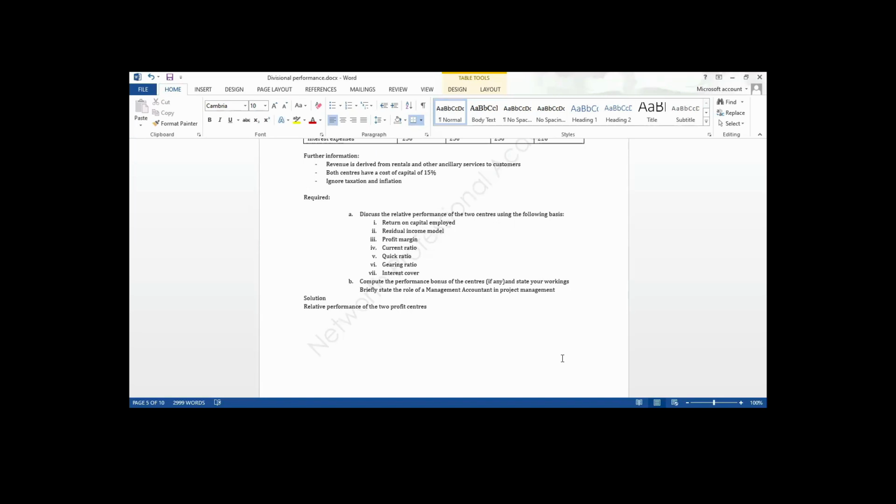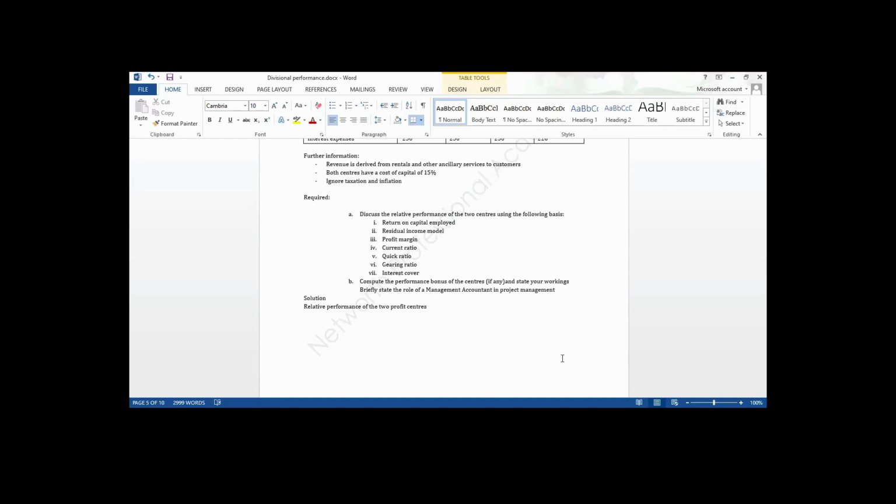Please note, total capital is long-term debt plus equity. I've given 2 ways to calculate your gearing ratio. Gearing is the extent to which a company has borrowed money.